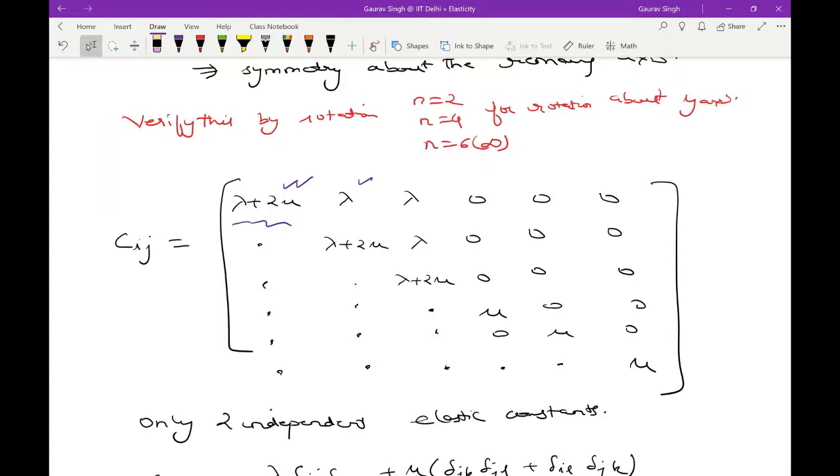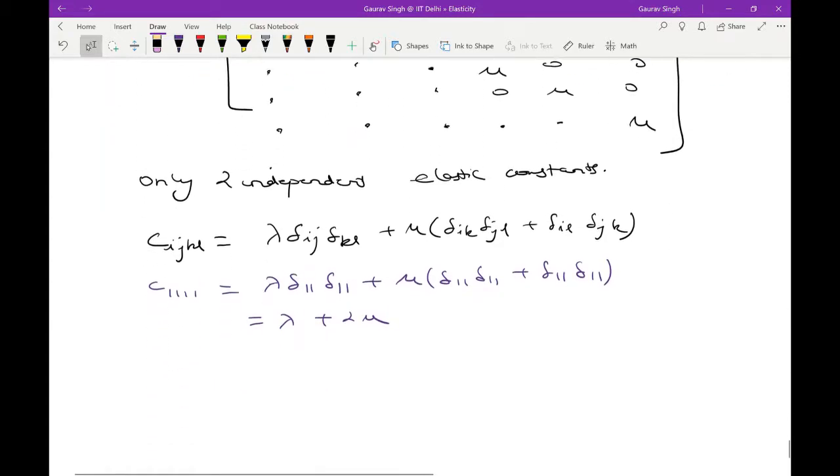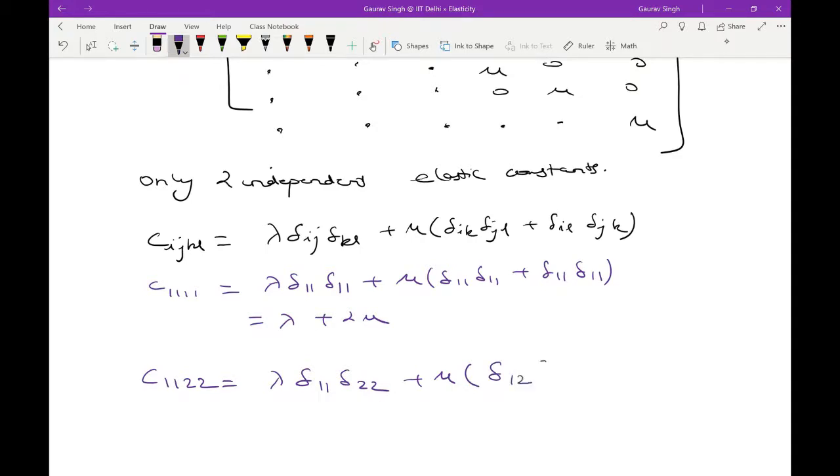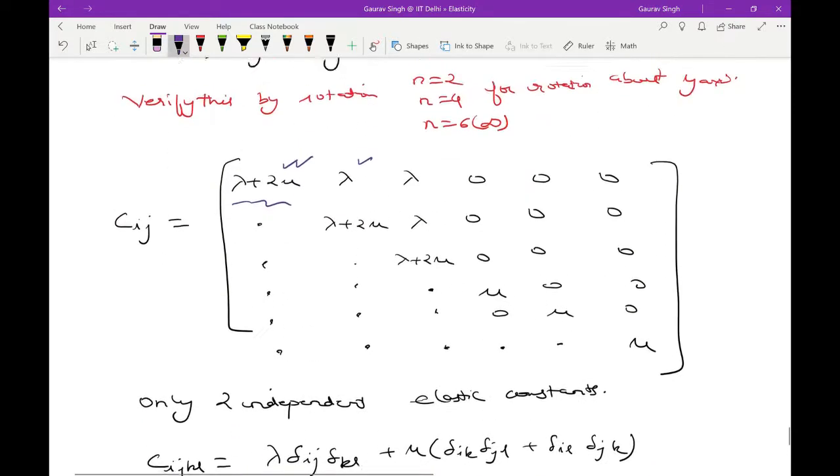Yes, C1122. So let's see, C1122 is equal to lambda delta 11 delta 22 plus mu into delta 12 delta 12 plus delta 12 delta 12. Okay, this would be equal to lambda because this would be 0 and you already have a lambda.